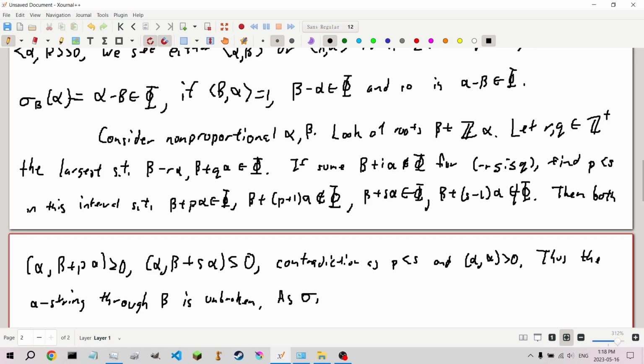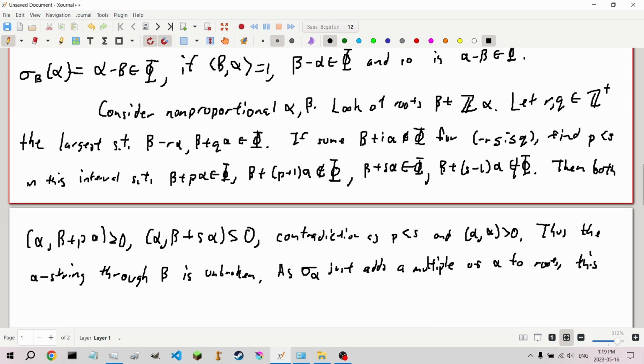Now, as sigma alpha just adds a multiple, could be a negative multiple, of alpha to any root, this just preserves this. This just reverses the string.